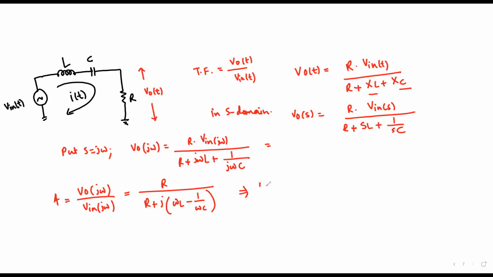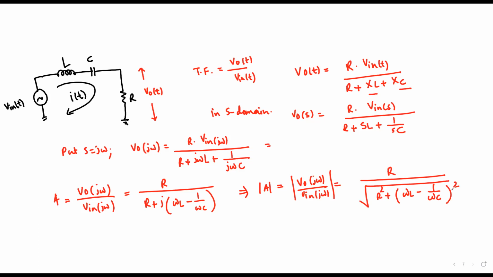And if we want to obtain the magnitude of A, it would be given as R divided by square root of R square plus omega L minus 1 over omega C whole square.